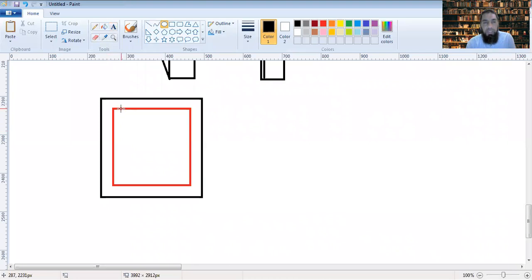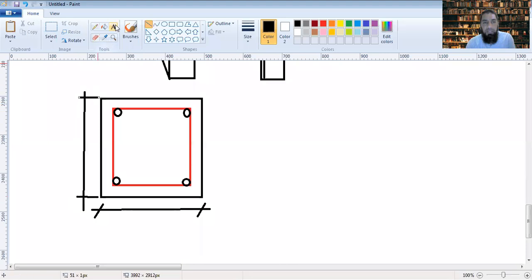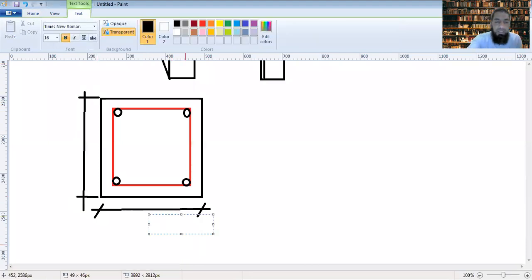Now, this could be a simple case when you have 4 bars here, and the total width of this column from this point to this point, and also on this side, is around 300 mm.